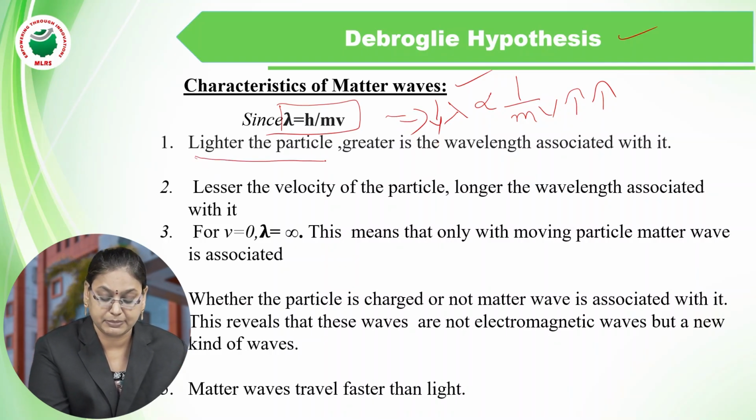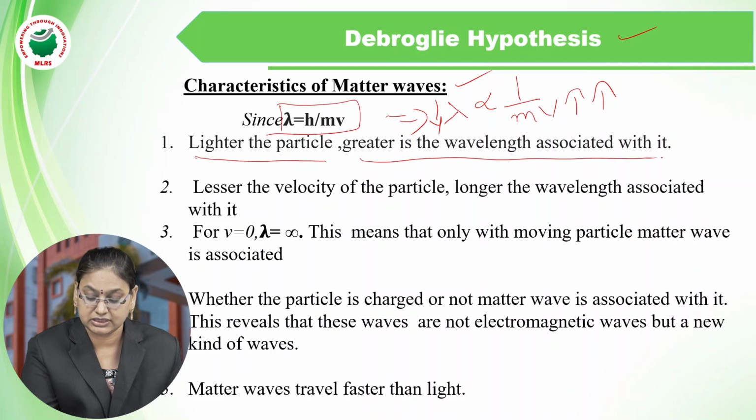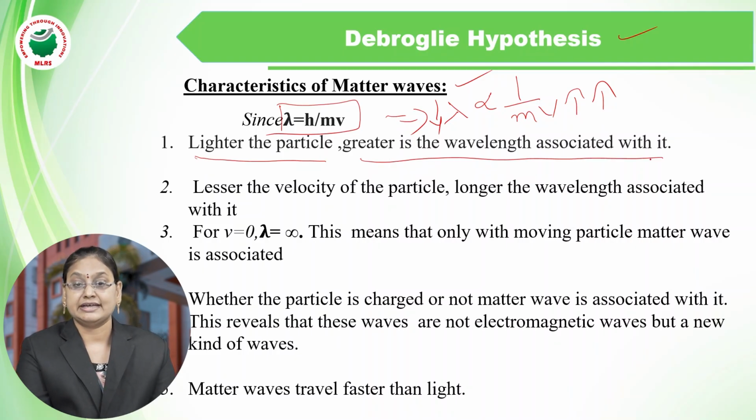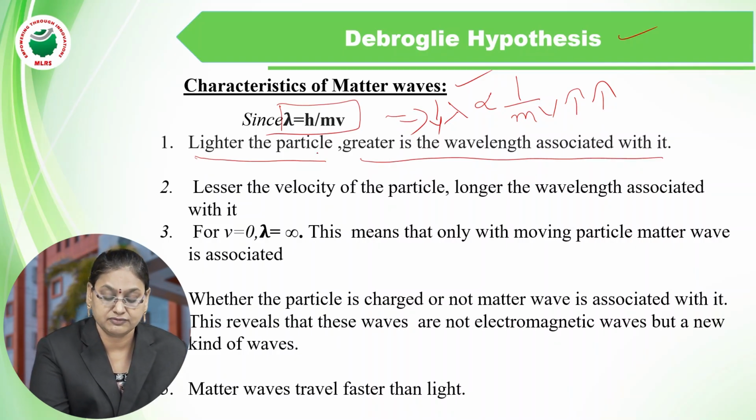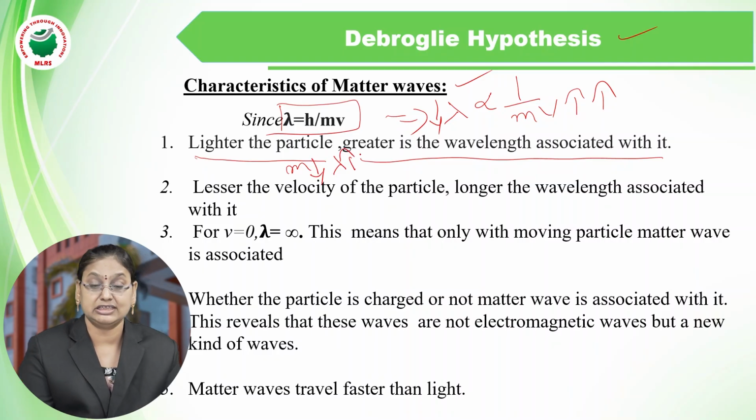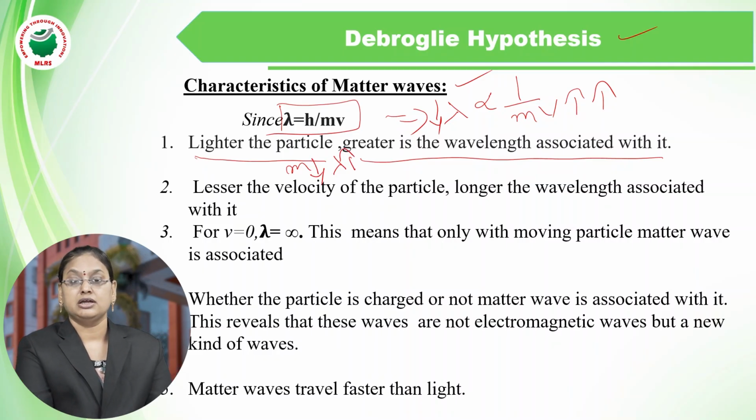Lighter the particle, greater is the wavelength associated with it. Lighter the particle means if the mass of the particle is less, then the wavelength associated with the particle will be more. Let us try to understand this with an example.